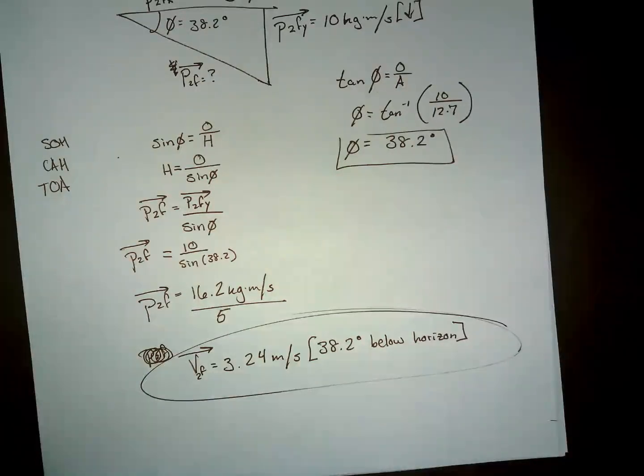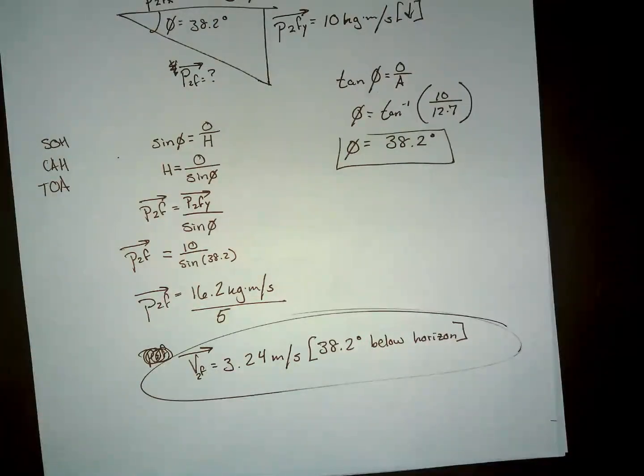Now, this should check out, and pretty much the operations that we used have double checked our work. We've used the conservation of momentum to our benefit here, to show us that the momentum in the x direction initially is equal to the final momentum in the x direction.